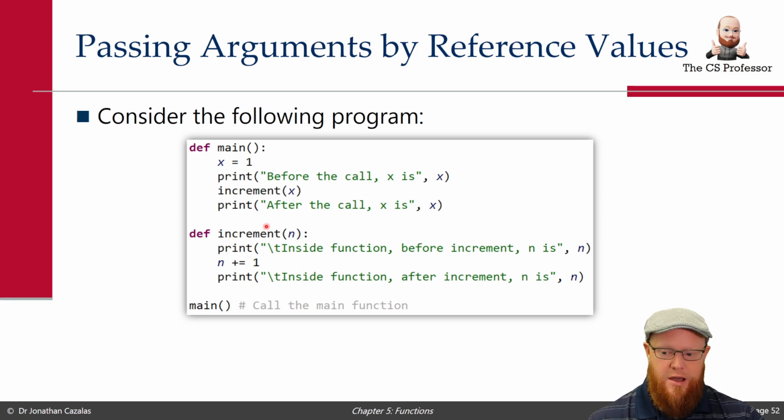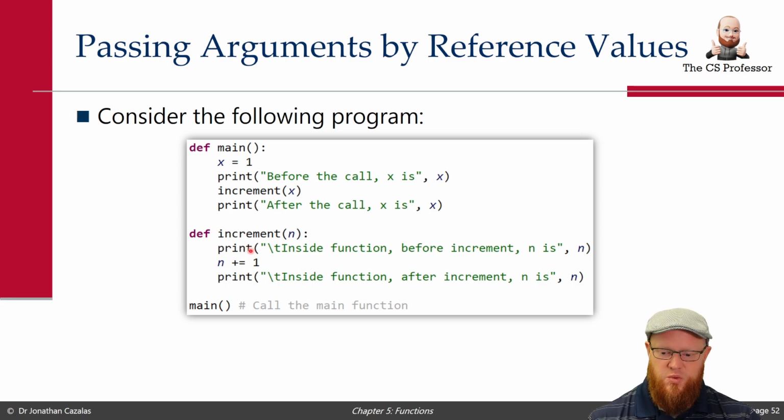So let's look now at this increment function. And this is all tracing code, right? Being able to look at code and understand what is happening in the code without actually running it. So when I call the increment function, I send over x, that address, but inside that address we have the value 1.